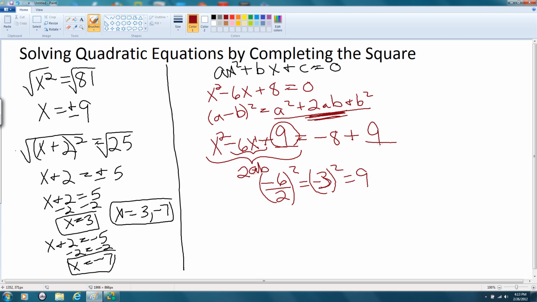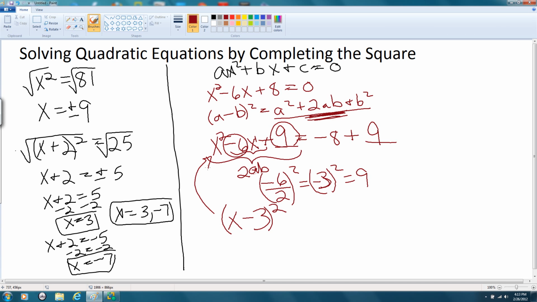But the mechanics of it are, you're going to take this, you're going to divide it by 2, and then you're going to square it. Once you do that, this becomes x. It's this divided by 2 thing here. So it's going to be x minus 3 squared.